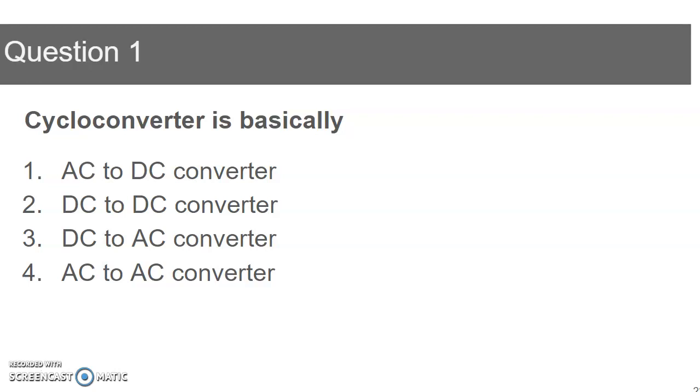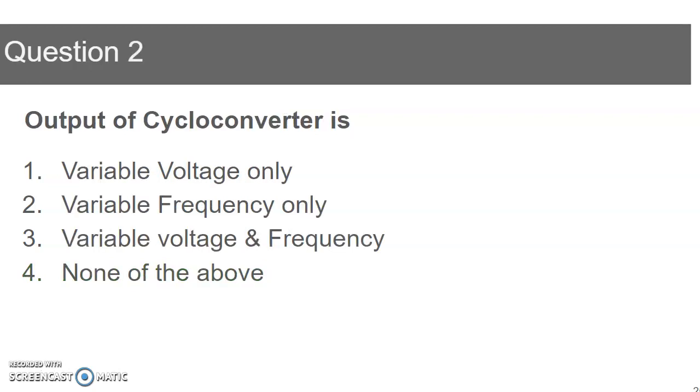Cycloconverter is basically: there are four options: AC to DC converter, DC to DC converter, DC to AC converter, AC to AC converter, and the answer is AC to AC converter. Output of cycloconverter is: variable voltage only, variable frequency only, variable voltage and frequency, none of the above. The answer is option 3, variable voltage and frequency.